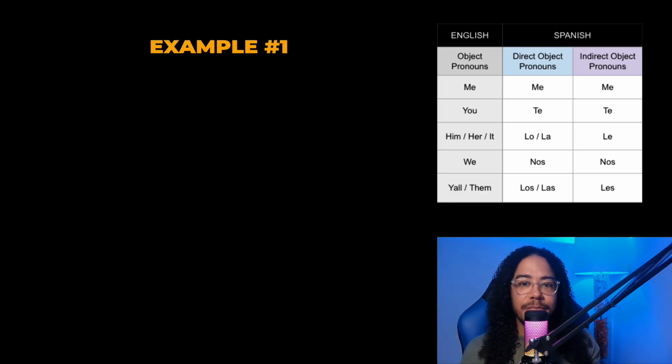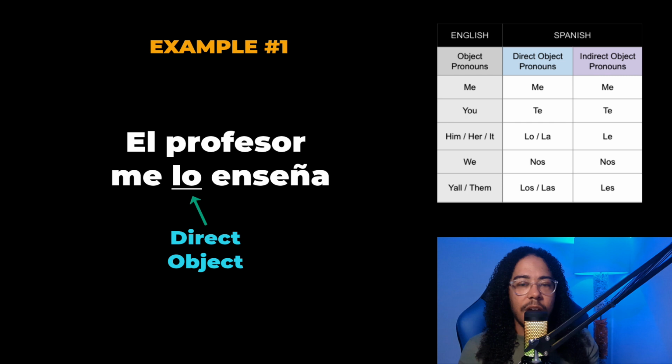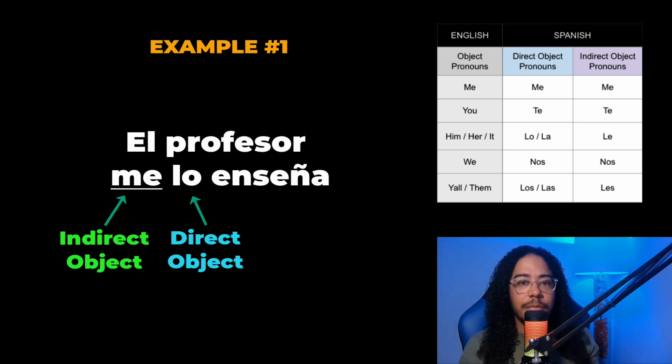Here's some examples. El profesor me lo enseña. The professor, to me, it teaches. Or, the professor teaches it to me. Lo is the direct object pronoun because it is what is being taught. Me is the indirect object pronoun because it's who it is being taught to.